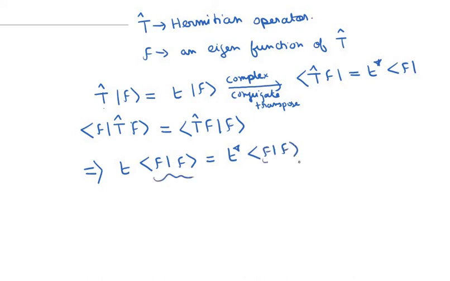Now (f, f) cannot be equal to 0, so this cancels out on both sides, and from this we get t equal to t star.